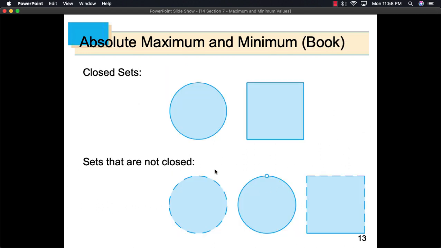All right, so just some examples. We will only be dealing with closed sets in this section. No sets like this where it's either completely open, even just one point open, or partially closed, partially open. So we're only dealing with completely closed sets.